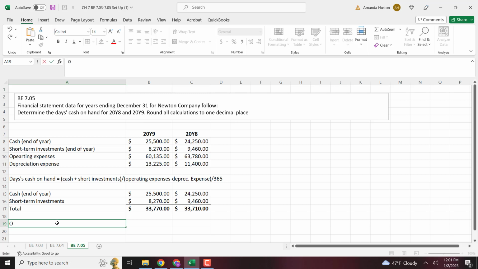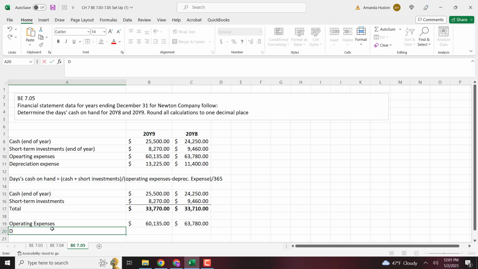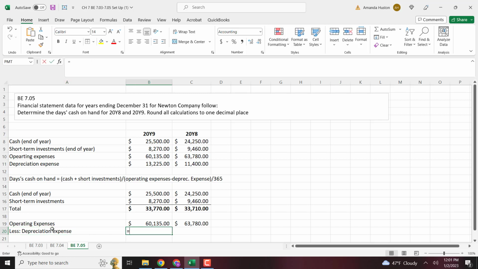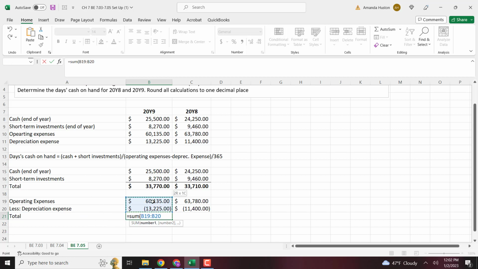And then we have operating expenses. And then we have less depreciation expense. So I'm going to put it in a negative. And then we have total. We're going to add these two up.